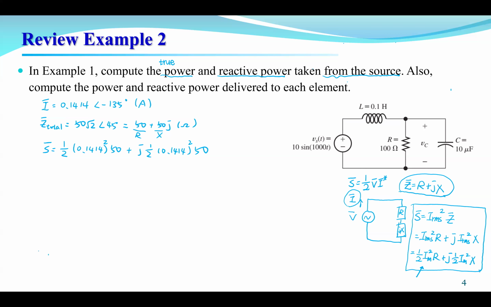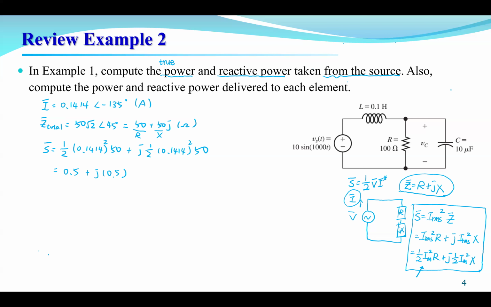We have 25 times 0.1414 squared, which is 0.5 plus J 0.5.